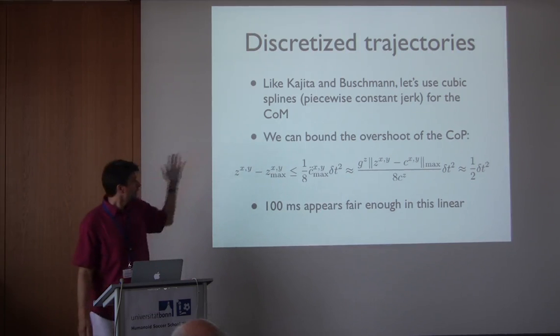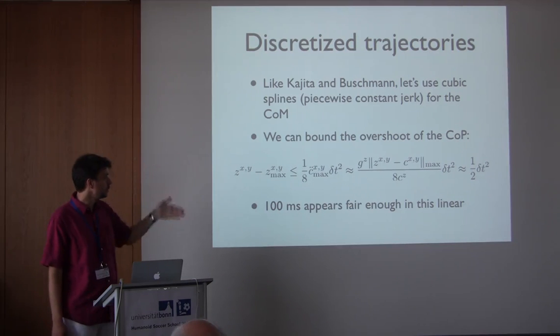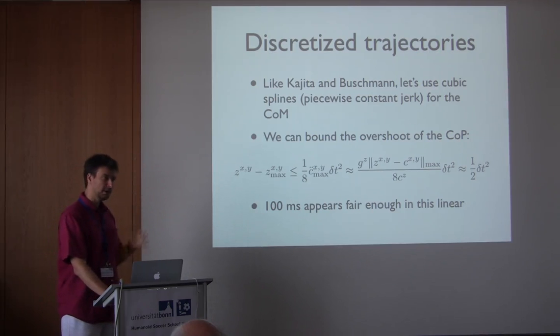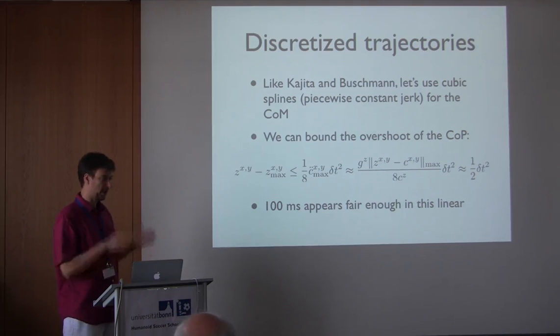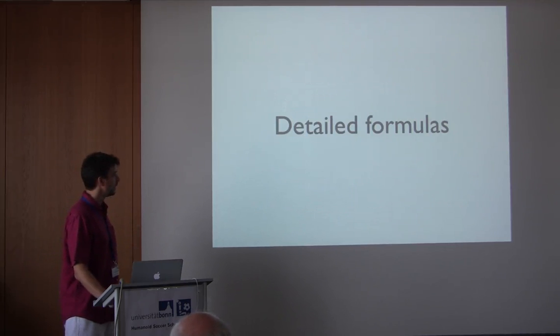So let's go with cubic splines with control nodes for the spline every 100 milliseconds. Then you do this for a length of time which is about 2 steps, so we take 1.5 seconds. So you have 15 parts, pieces in your trajectory. So let's look at detailed formulas, if you want.